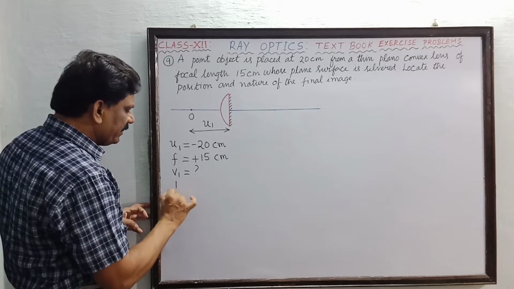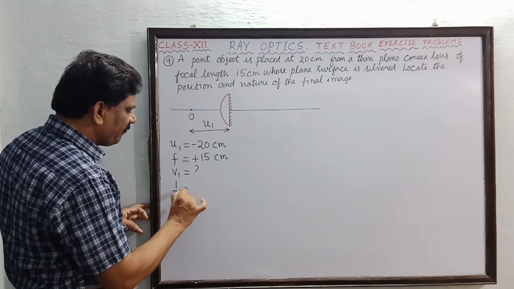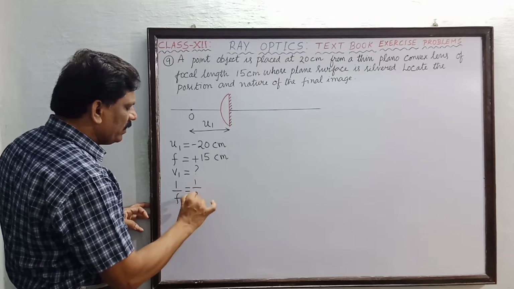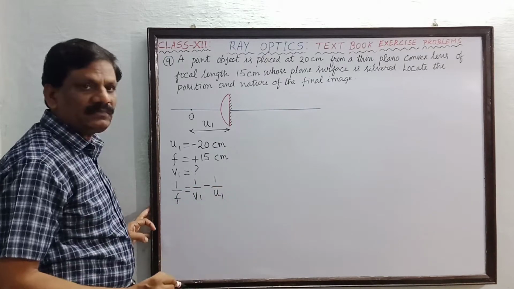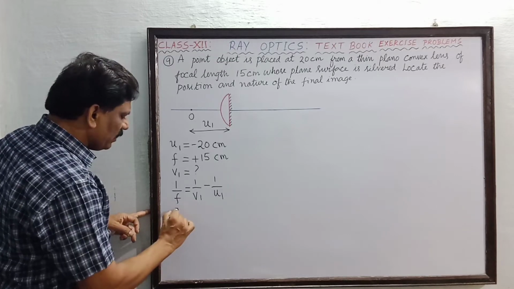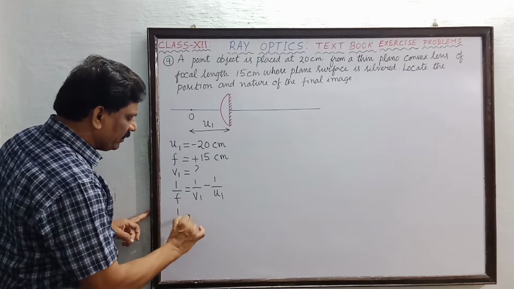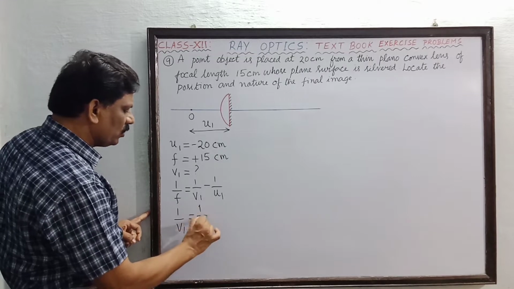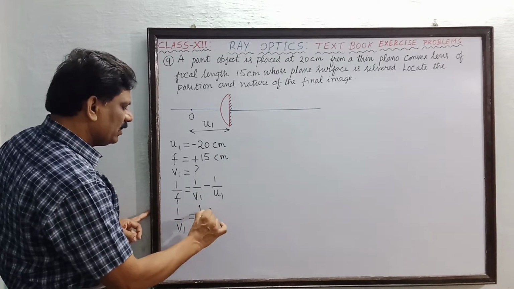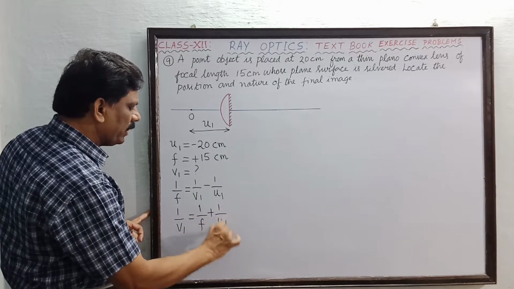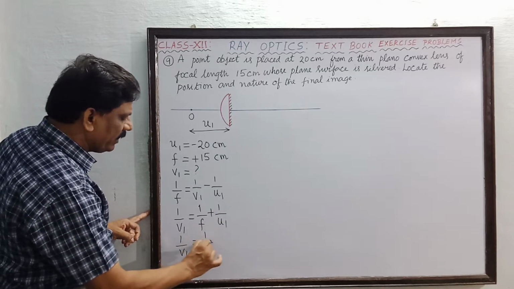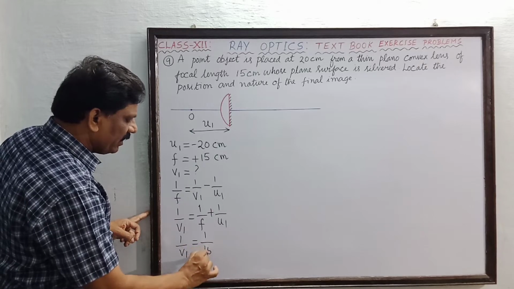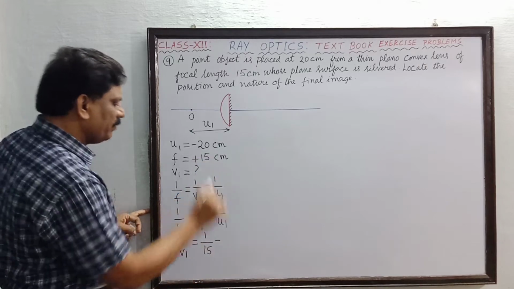Using the lens equation, 1 by F is equal to 1 by V1 minus 1 by U1. We need V1, so I will take 1 by V1 on the left hand side. So this is equal to 1 by F plus 1 by U1, or 1 by V1 is equal to 1 by 15 minus 1 by 20.